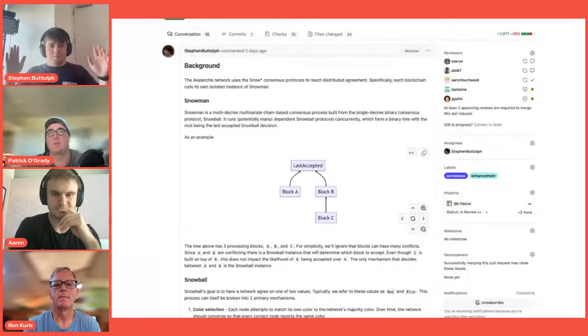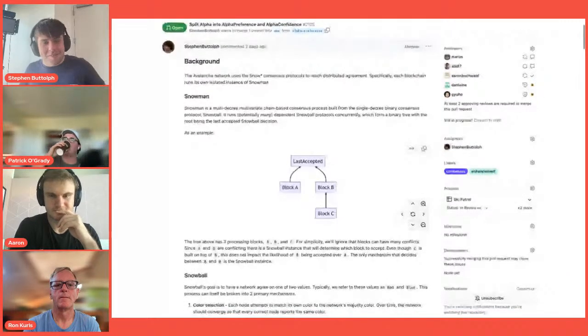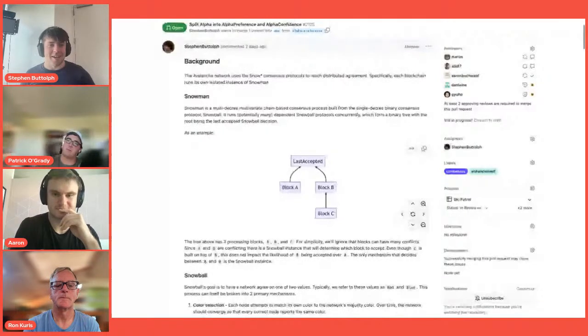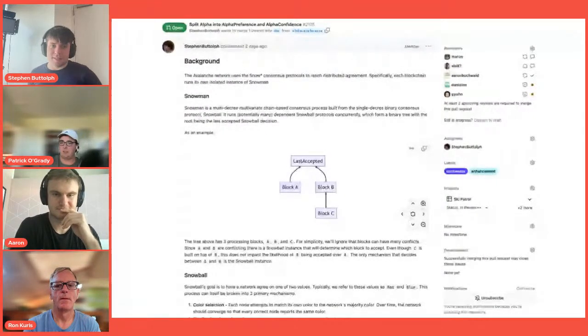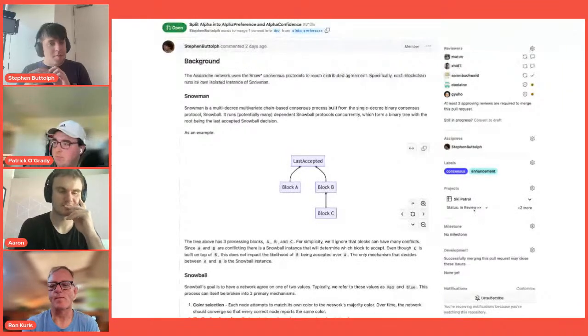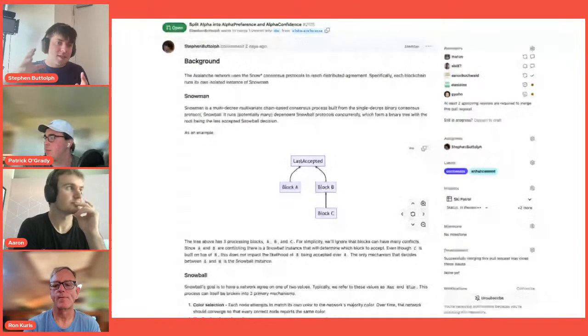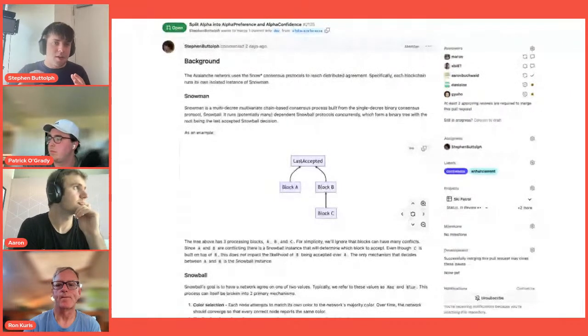We've been working on Avalanche consensus for a while now at Ava Labs, and we had this insight that there are some improvements to be made on how nodes are selecting and adopting their colors.